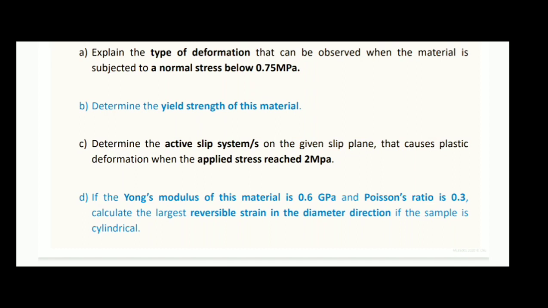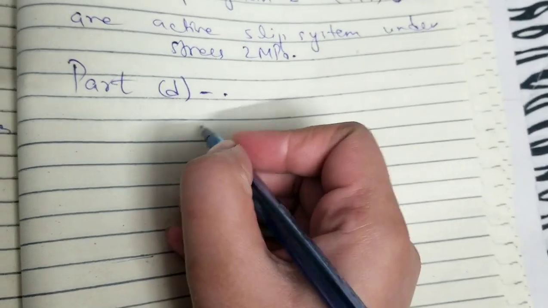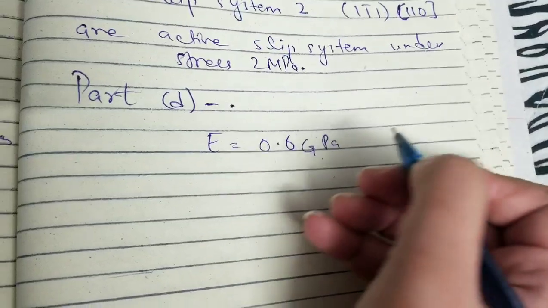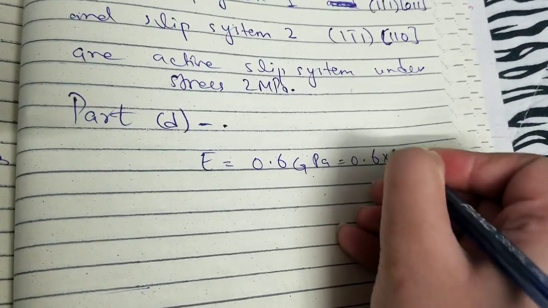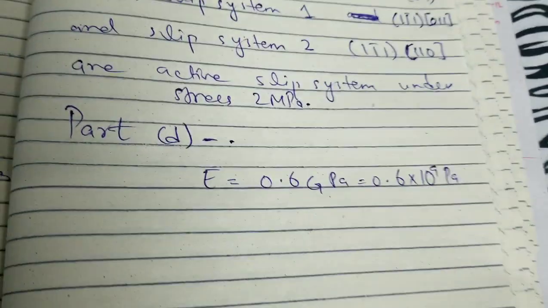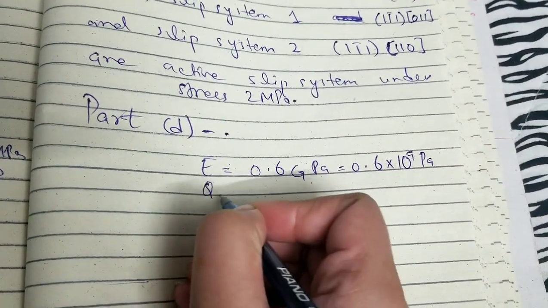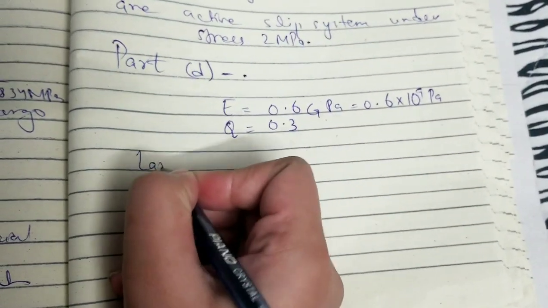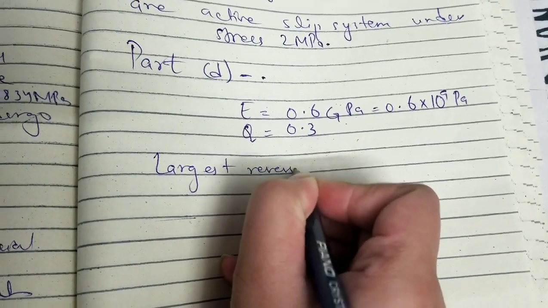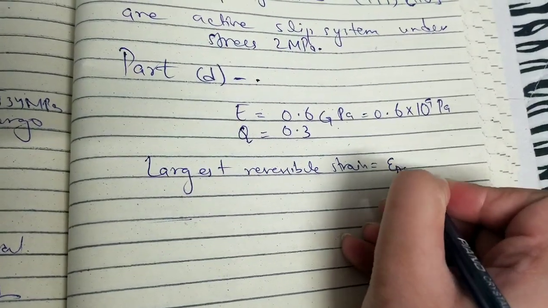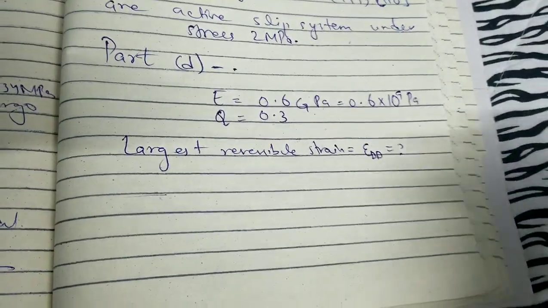Giga means 10 to the power 9 pascal. We need to calculate the largest reversible strain. We'll call it e with subscript d. Let us do it.